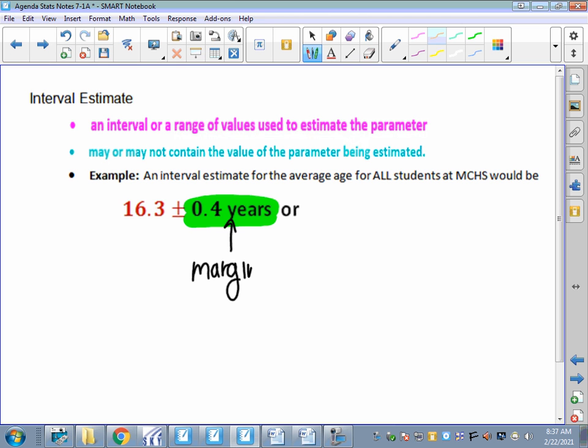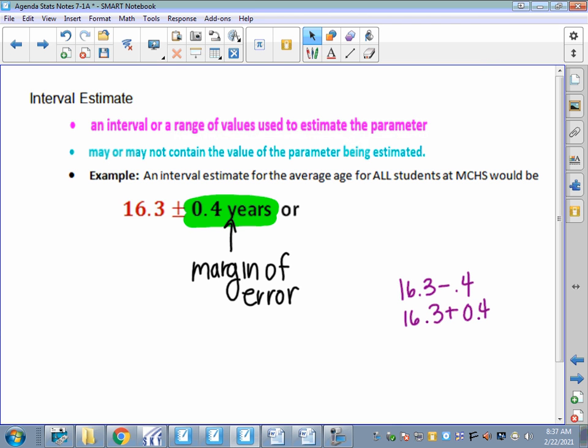So I can use that margin of error to figure out an interval. I know that the ranges of ages are between this and this, so I actually do the math. I do 16.3 minus 0.4 and 16.3 plus 0.4, and I end up with a range of values from 15.9 up to 16.7 years old.